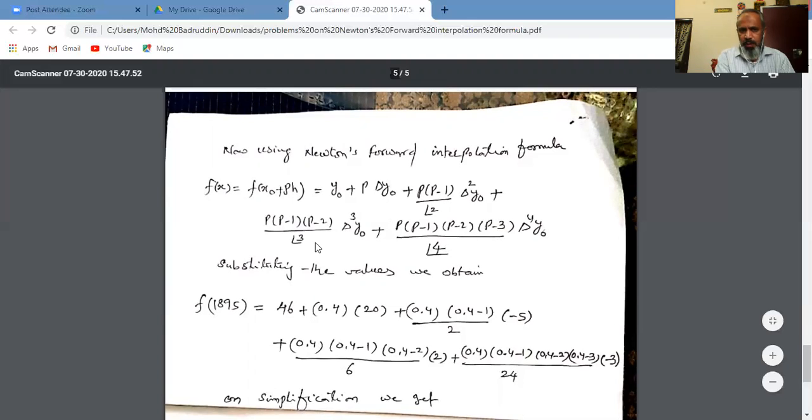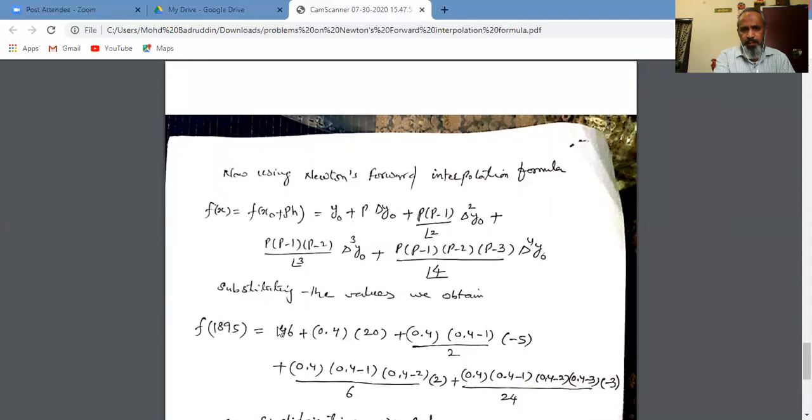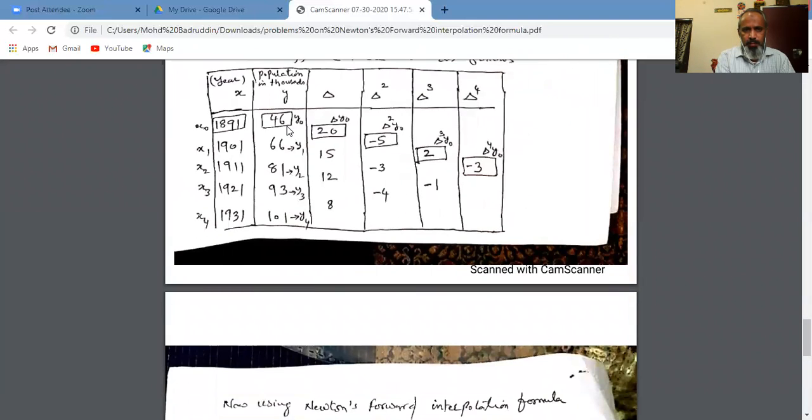And if we substitute x equal to 1895, we directly use the formula to determine the population in 1895. So what is x? X is 1895. What is y0? 46. This is the value of y0, 46.